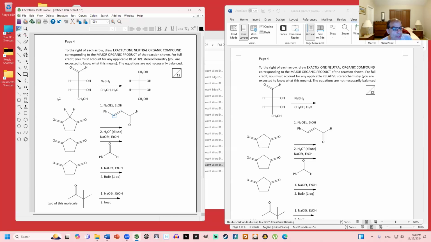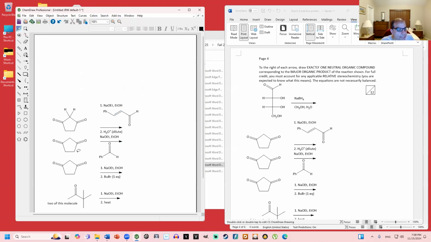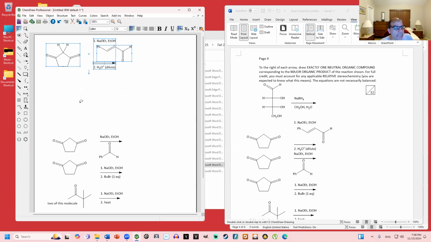And then after an acid workup, I anticipate that we would get an adduct of the enolate attacking that beta carbon.